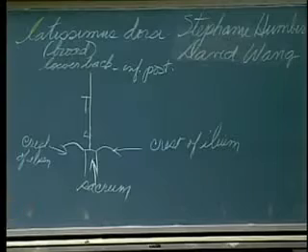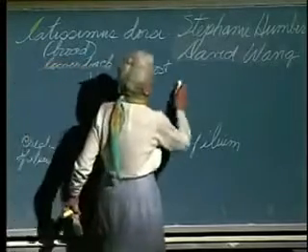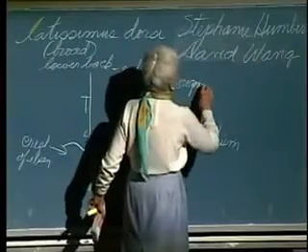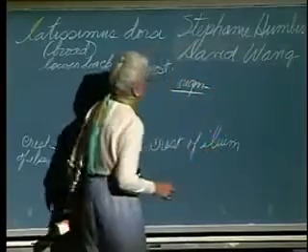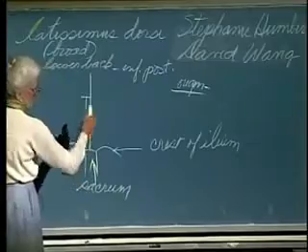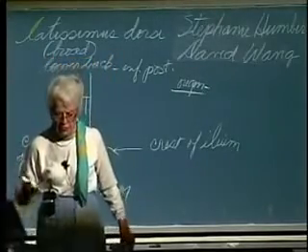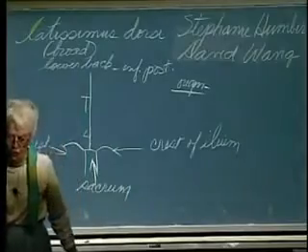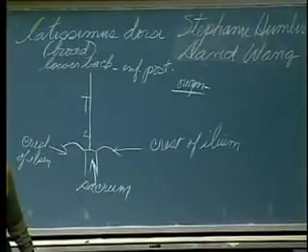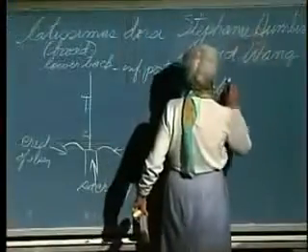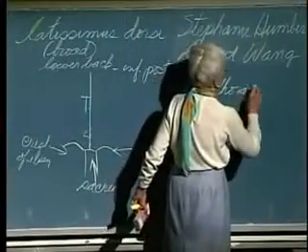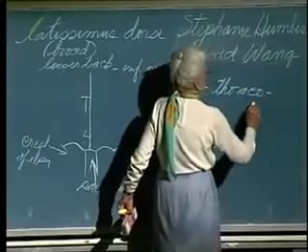So now we're ready for the origin of the latissimus dorsi. It's going to arise from a heavy fascia called the thoracolumbar fascia. Thoraco, for thorax, lumbar.